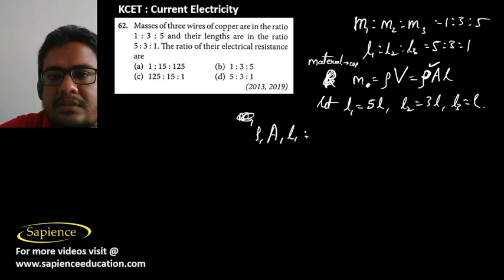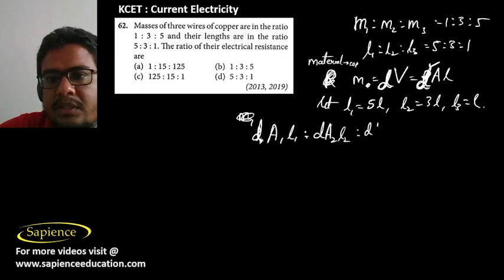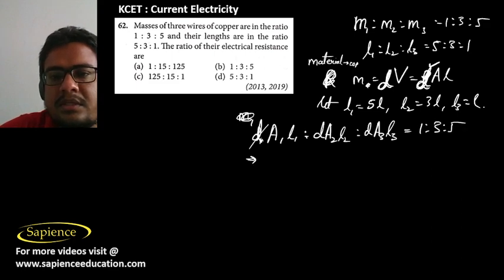Let's call the density D instead of rho. So D A1 L1 is to D A2 L2 is to D A3 L3, that is equal to 1:3:5. D will cancel out.